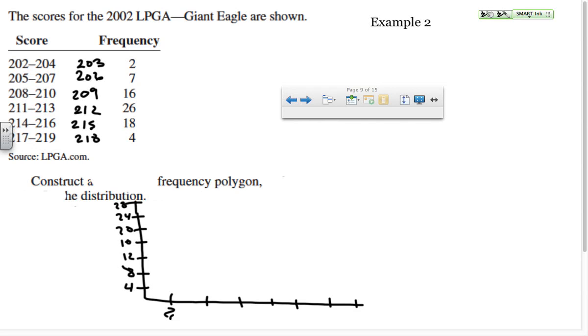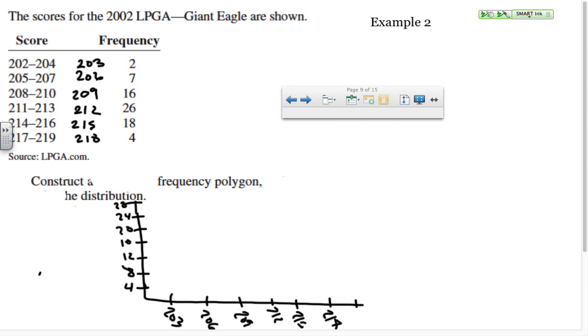So 203, 206, 209, 212, 215, and 218. And then I'm going to create little dots. And then I'm going to play connect the dots.